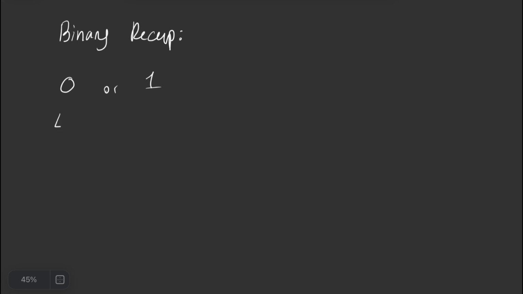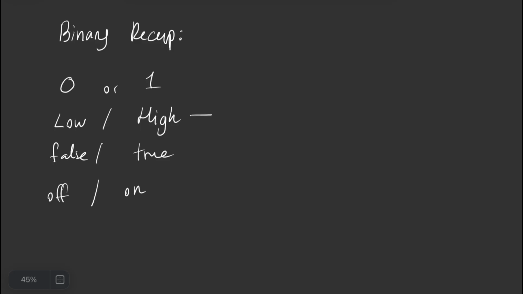They could represent low or high. They can represent false or true, and they could also represent off and on.